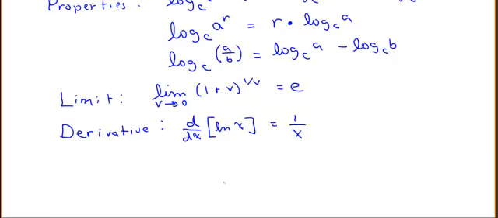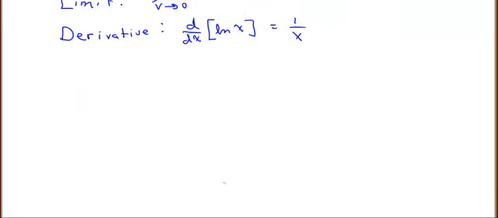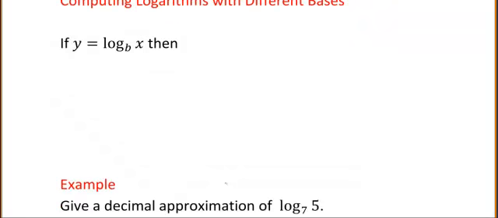Okay, so what we want to do is see what happens in the case of other logs with other bases. To start with, let's think about this statement. y is equal to the log base b of x. Well, according to the definition, x is equal to b to the y.